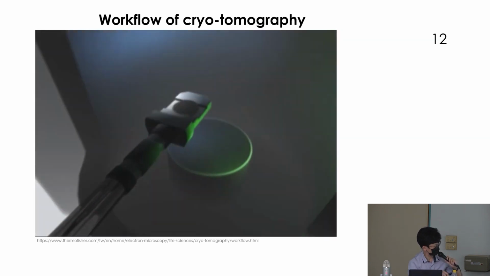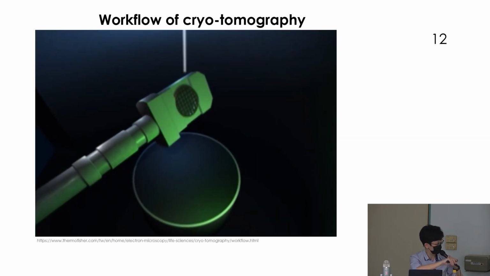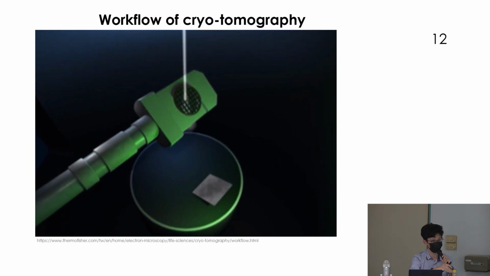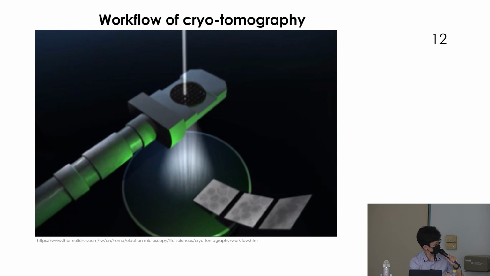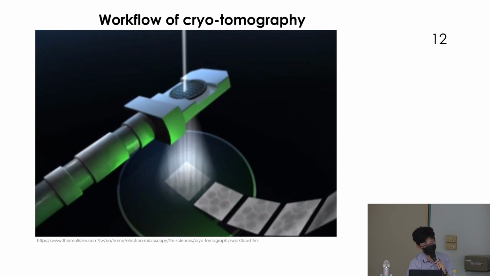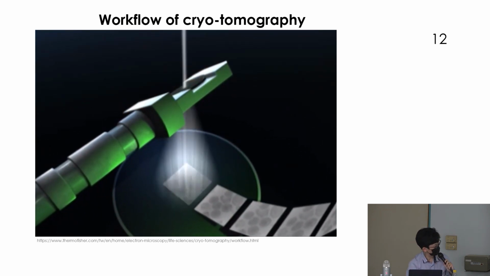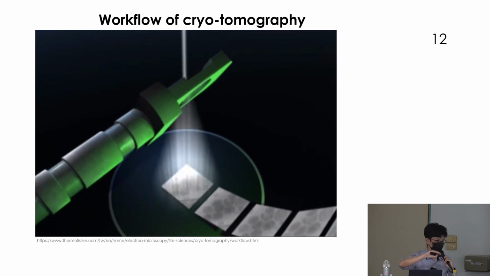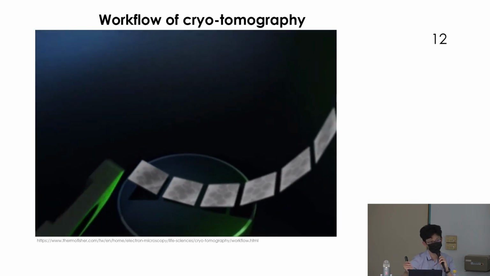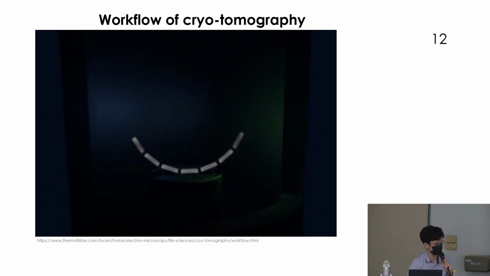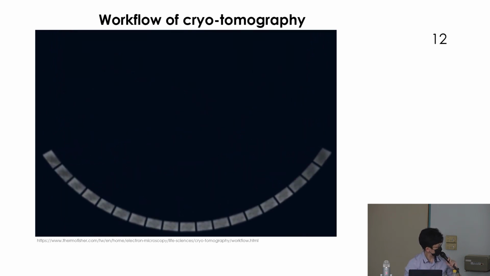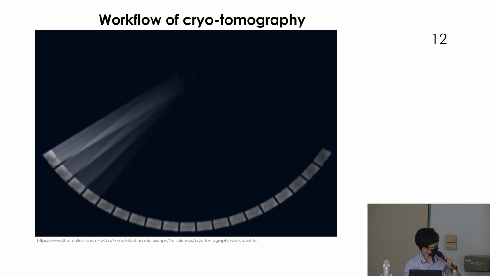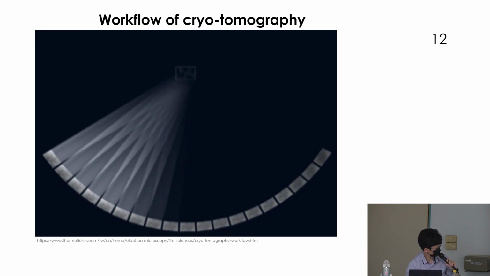Next we put this sample inside the microscope and we tilt it to collect all the different angles. This series of 2D slices is called a tilt series. You want as many angles as needed in order to obtain all the spatial information. And then all of these will be back-projected to create a 3D volume.